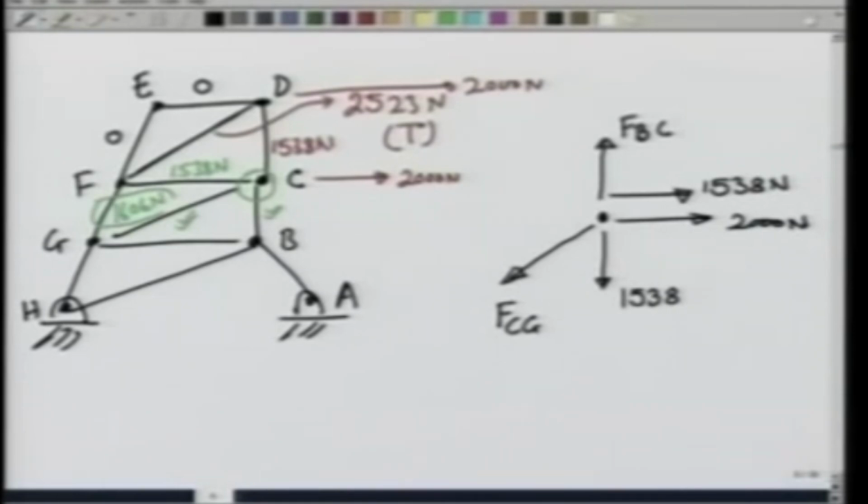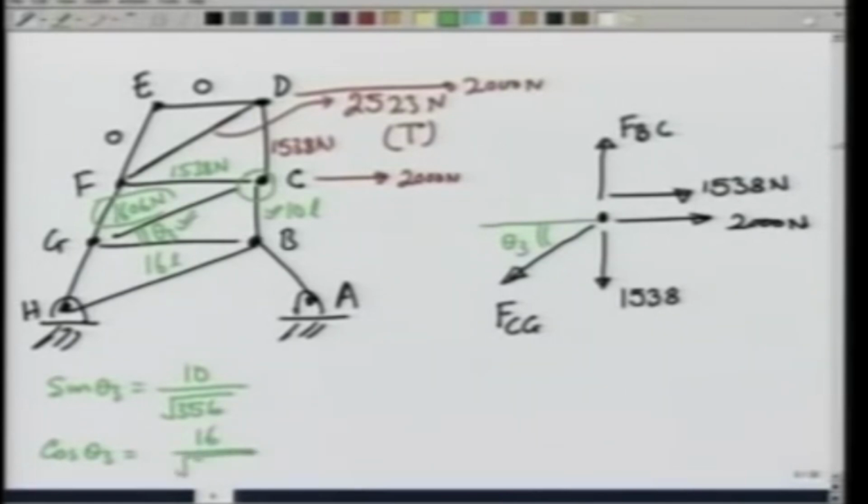The two unknown forces here are of course F_BC and F_CG. Let us look at these lines. This length is 10 L, this is 16 L. So, if I look at this angle and let me call it theta 3, I am going to have F_CG acting at an angle theta 3 with sine theta 3 equals 10 over square root of 356 and cosine theta 3 equals 16 over square root of 356.